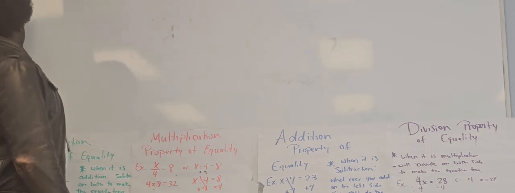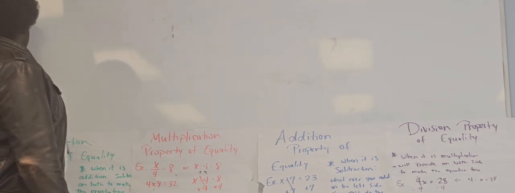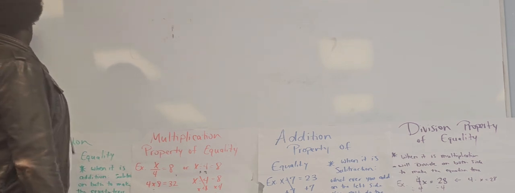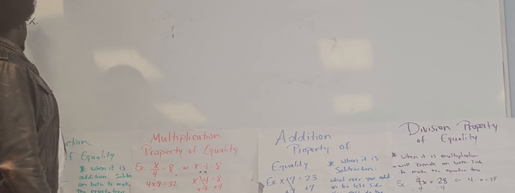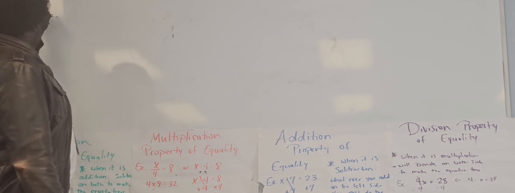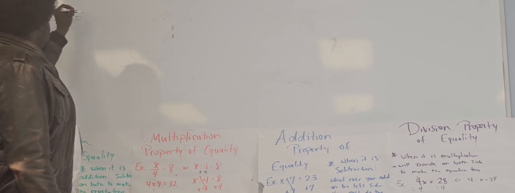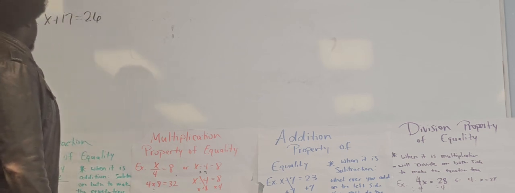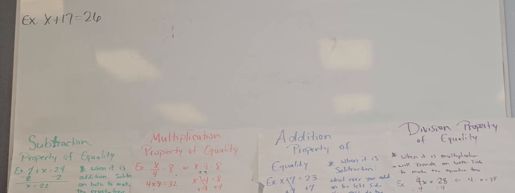So, for example, for the subtraction property of equality, let's just say we have x plus 17 equals 26. So, right now we are starting off with an addition problem.